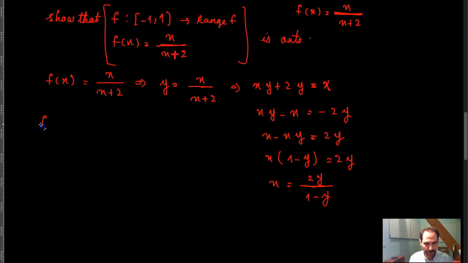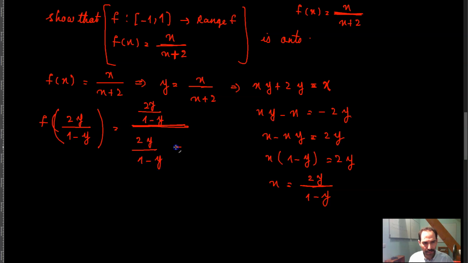You see over here f of basically 2y over 1 minus y. What happens if you give it to your function is basically you will have 2y over 1 minus y, over 2y over 1 minus y plus 2, right?